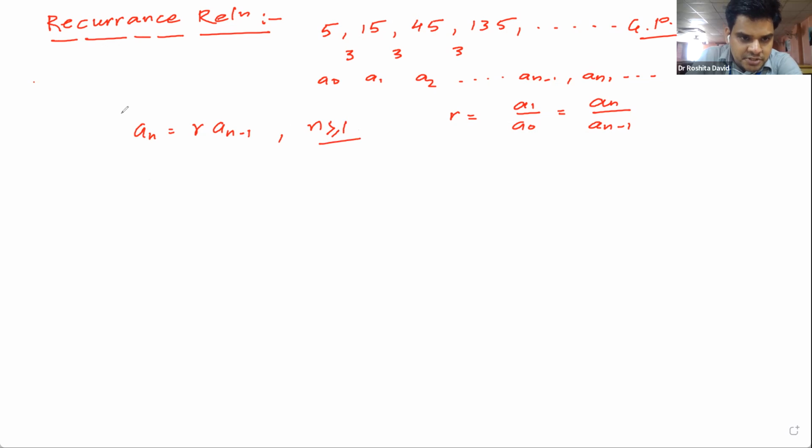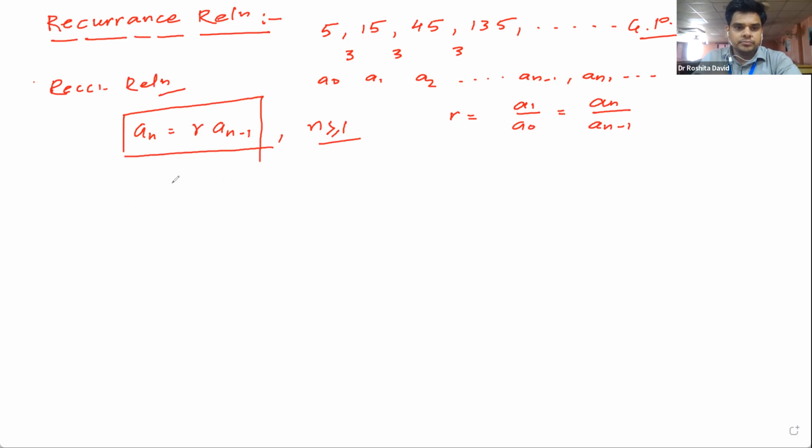This relation is called a recurrence relation for this GP series, where r is defined by An upon An minus 1. So this is a recurrence relation for this sequence.